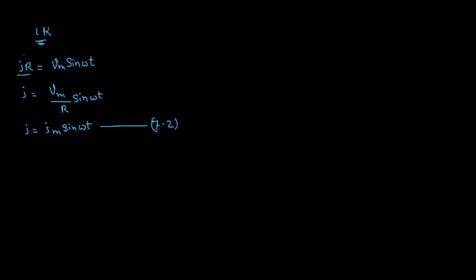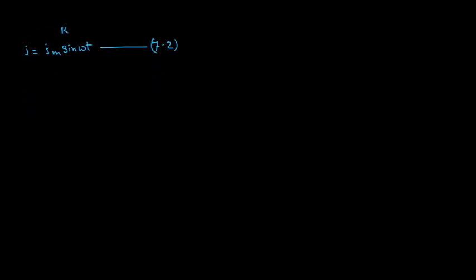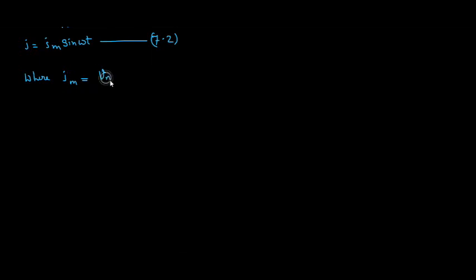Now where the current amplitude Im is given by Vm by R. This is also called current amplitude.